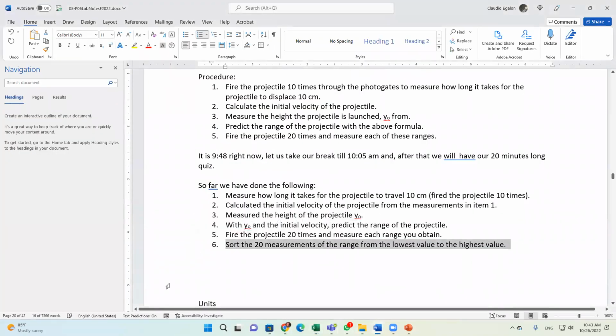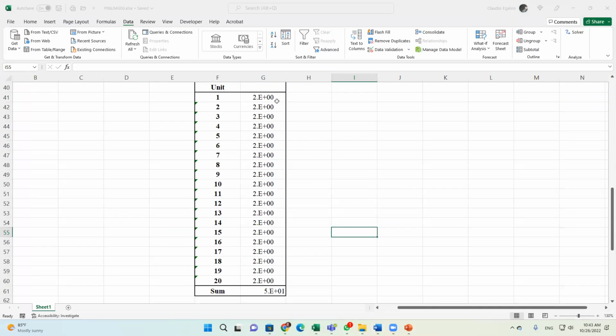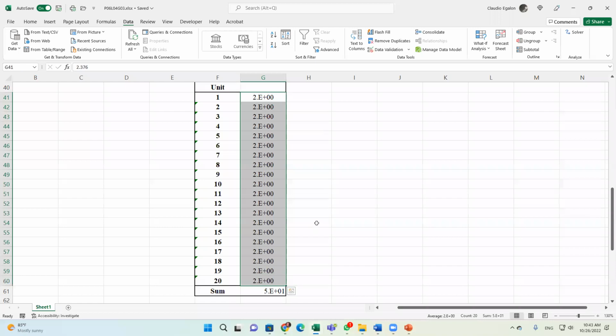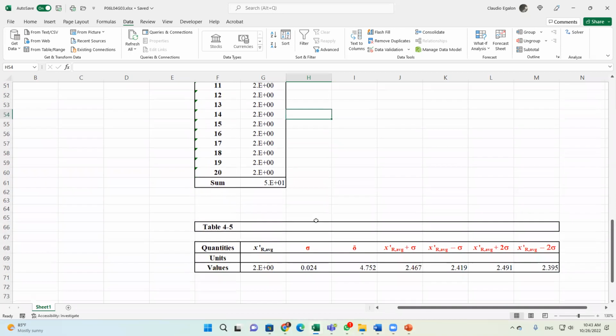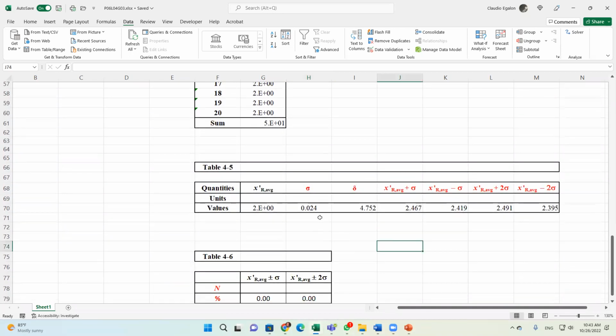Oh, already did that. Okay. So now that is sorted, there's a reason why we're sorting it, okay? And you're going to find out exactly why. We're going to calculate the standard deviation of your data.